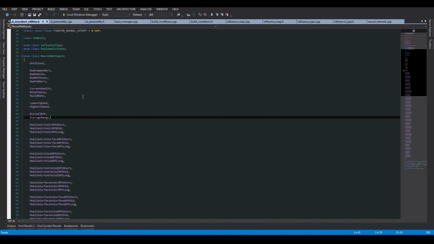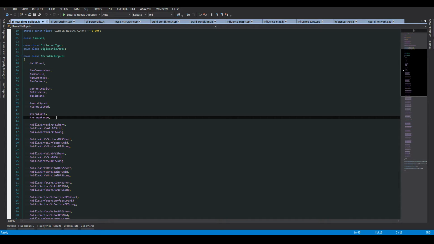The only numbers that would go into those DPS numbers would be anything affecting the layer that the platoon cares about. So for land platoons, it would be naval ships that could attack the surface, other land units, and bombers and anchors that could attack the surface, that sort of thing. It didn't care about fighters and all that kind of crap.